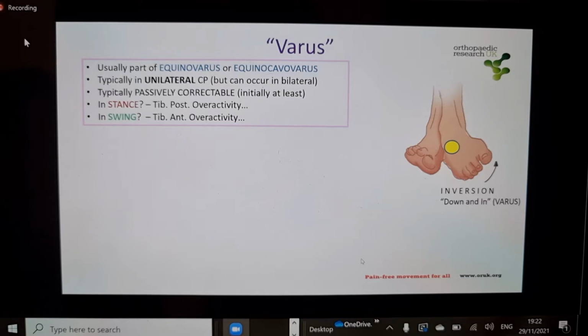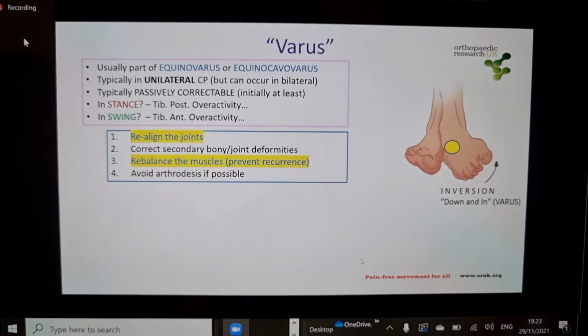That, as usual with many things in cerebral palsy, is great in theory, but in practice it's quite difficult to tell. There are various tests to try and work out which is the responsible tendon. Ultimately, EMG and gait analysis might be useful to you, but the reality is operations for both of these tendons, the tibialis posterior and the tibialis anterior, both have a good track record in correcting this problem.